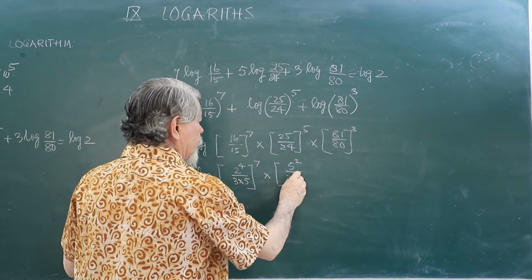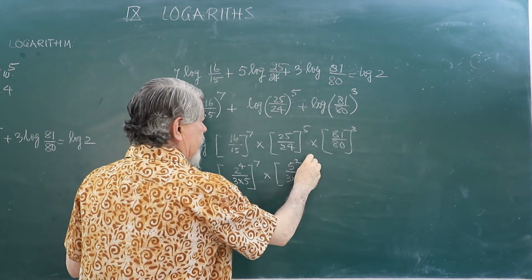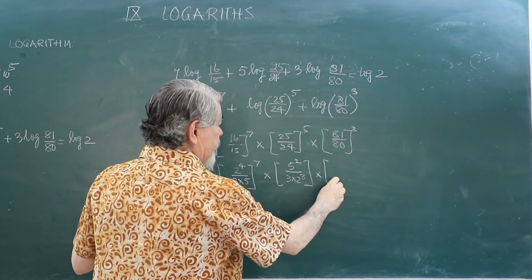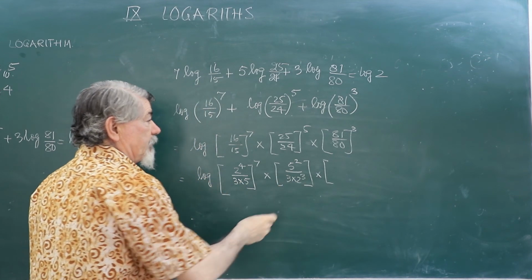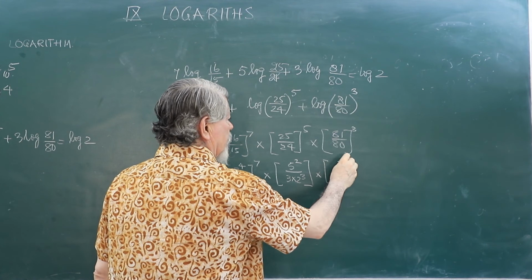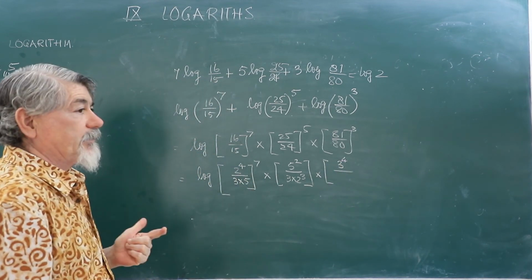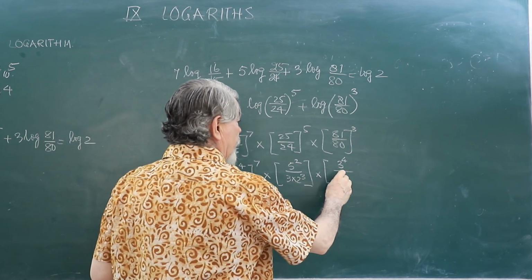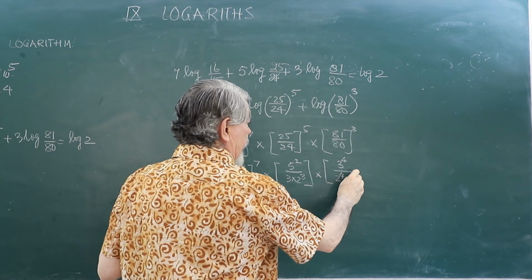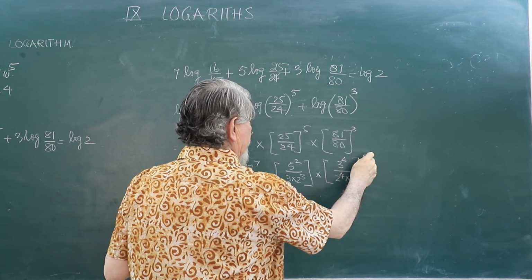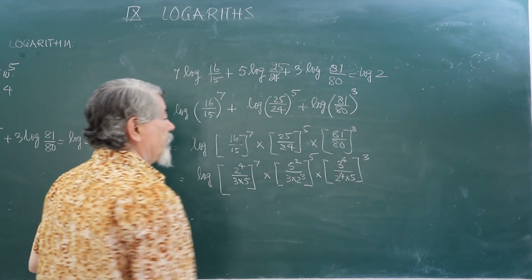So 3 into 2 to the power 3. 81 means 9, 9 9s are 81, 3 to the power 4. And 80, 16 5s are 80, 16 as 2 to the power 4 and 5 to the power 3, and this is to the power 5.